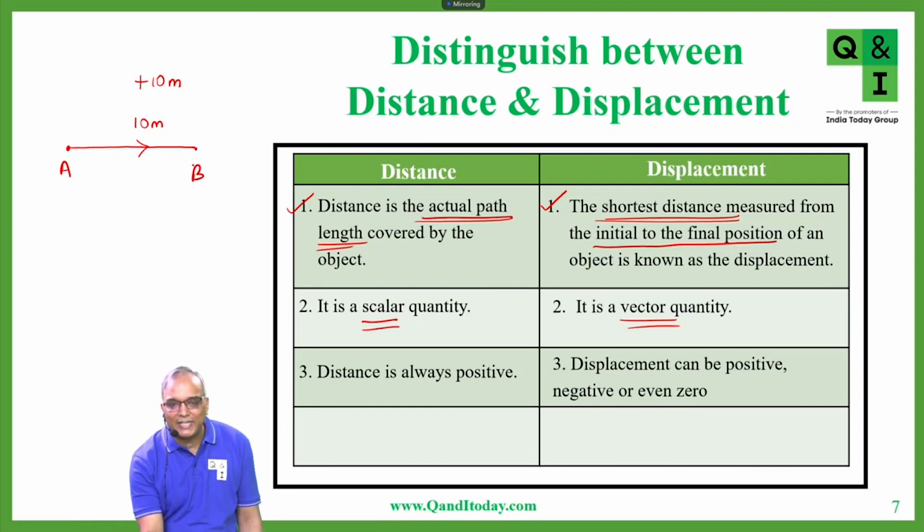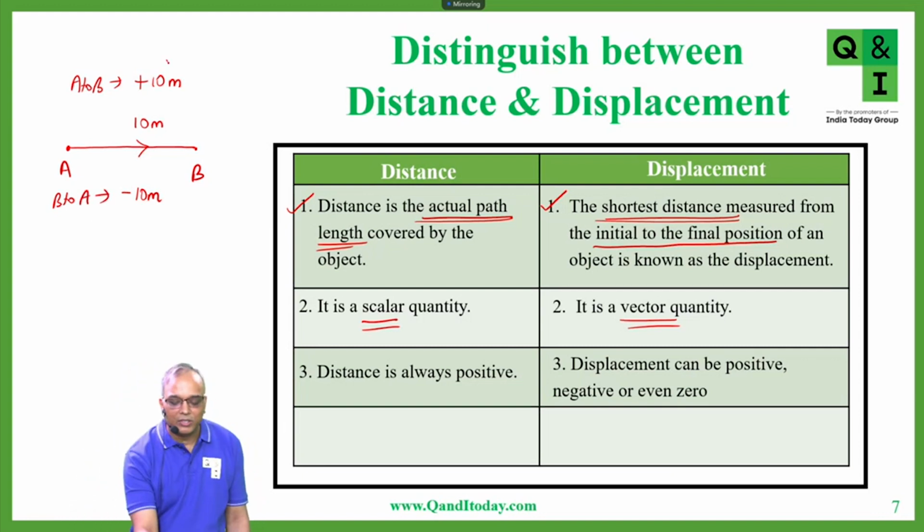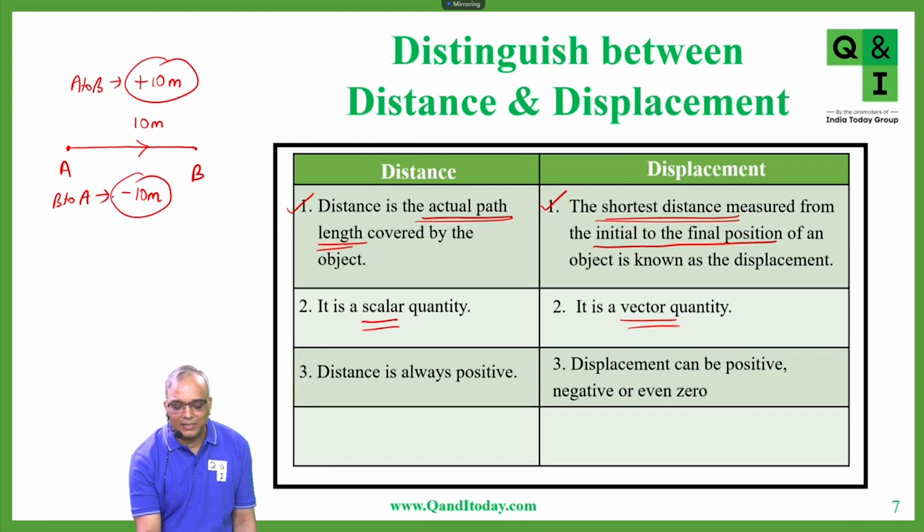Now, if the body moves back from B to A, the displacement will become minus 10 meter. So A to B is plus 10 meter, and B to A, because the direction is opposite, becomes minus 10 meter. So it can be positive, it can be negative.